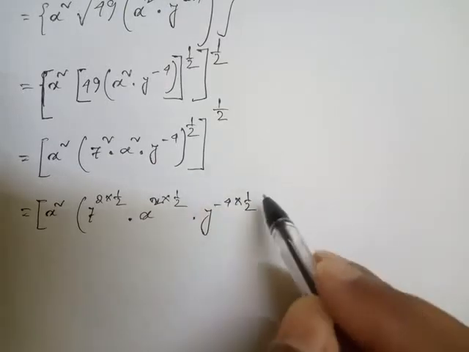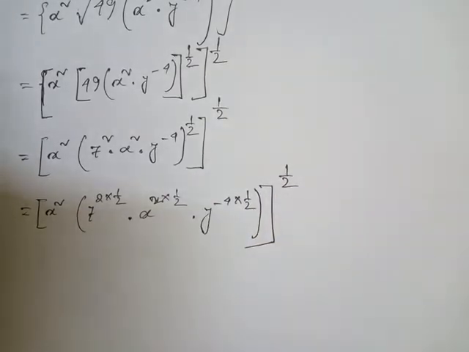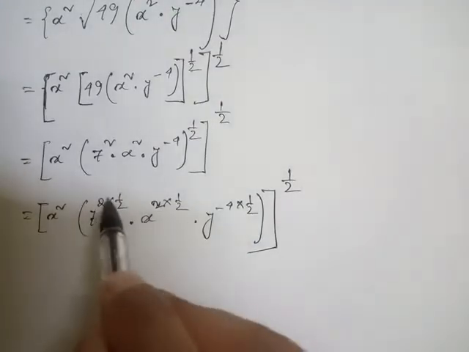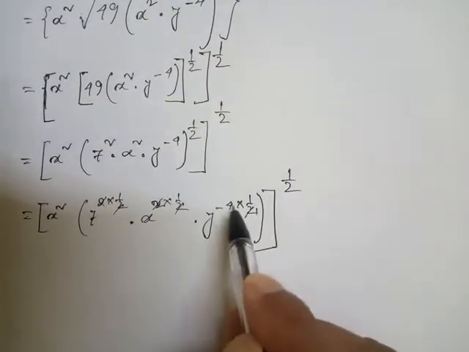Now after that this power will be here. Next, look, these 2 and 2 cancel, 2 and 2 cancel, and there are 2 ones and 2 twos.